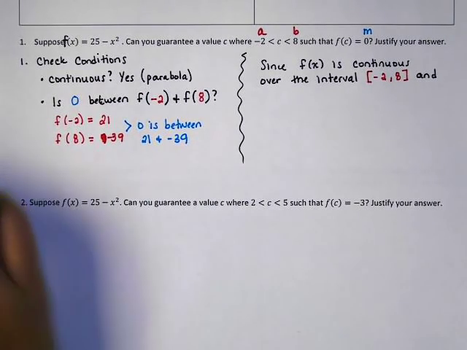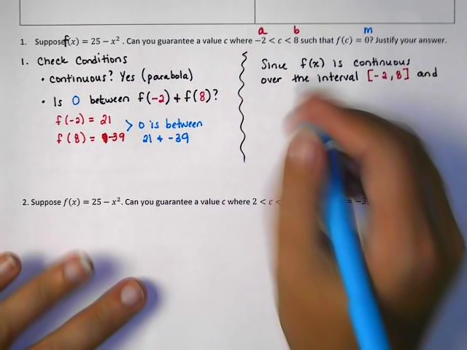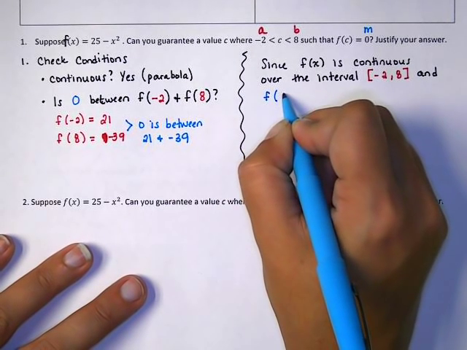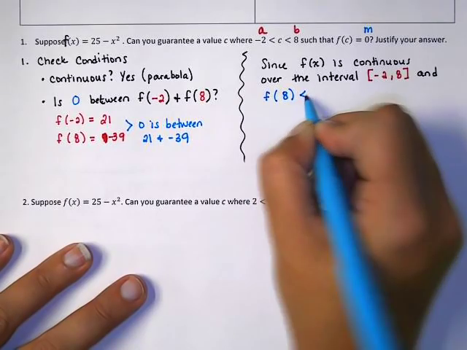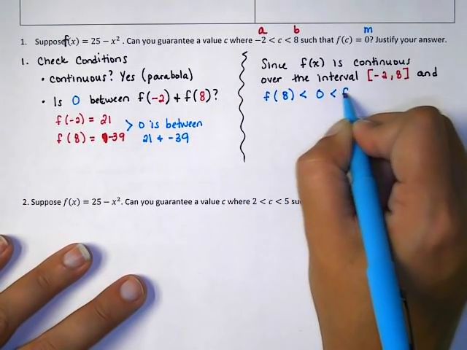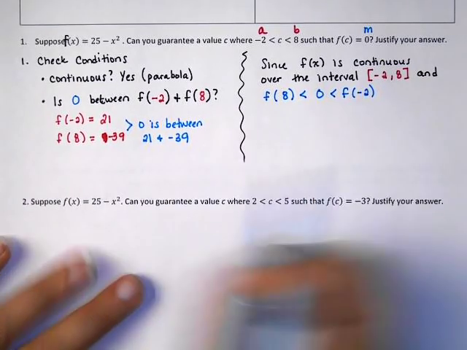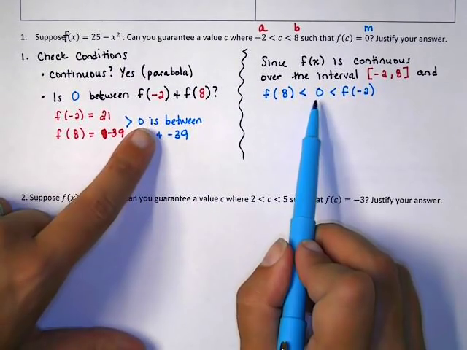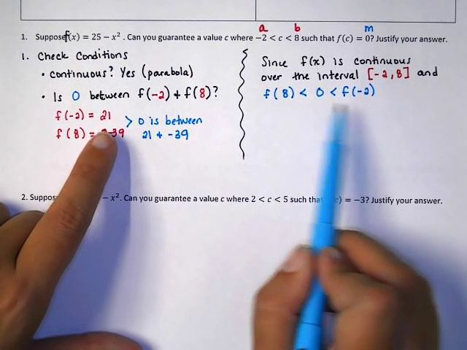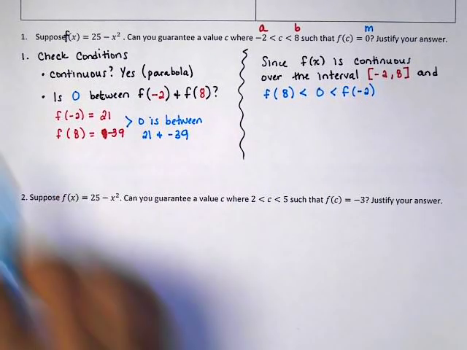And the value we want is between these two. So we need to say that. So we're going to say f of 8 is less than the value we wanted, which was 0, which is less than f of -2. So I'm just saying 0 is between these two numbers. F of 8 was less than that, and f of -2 was more than that.